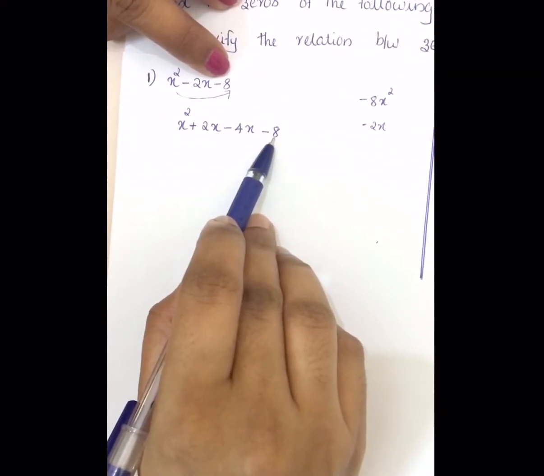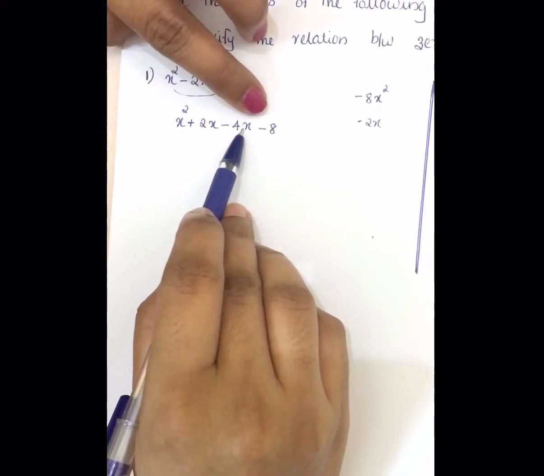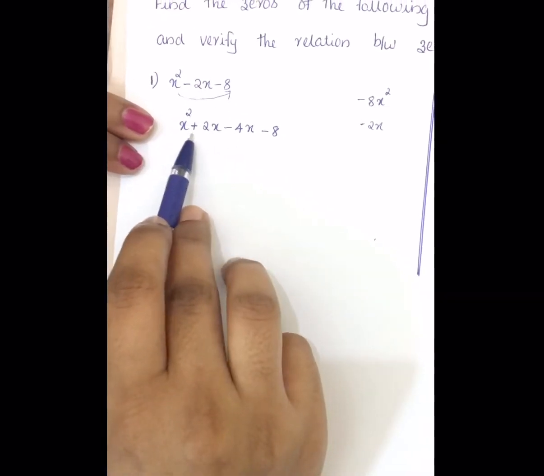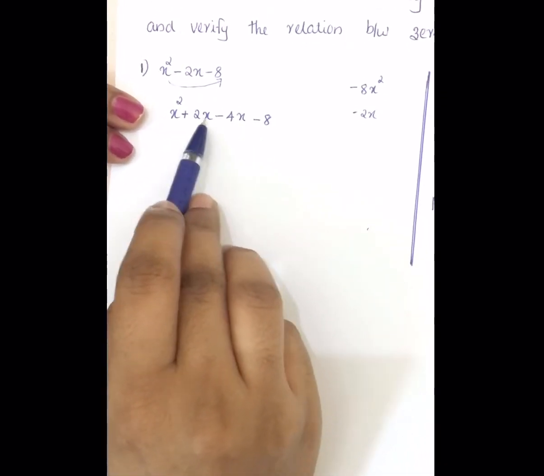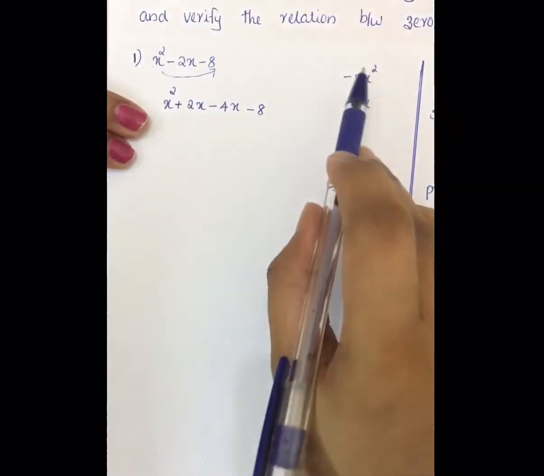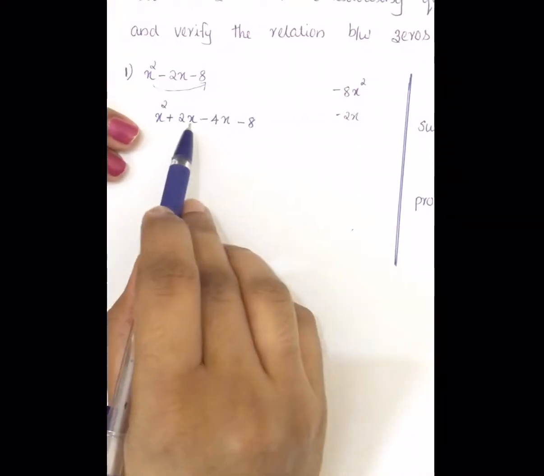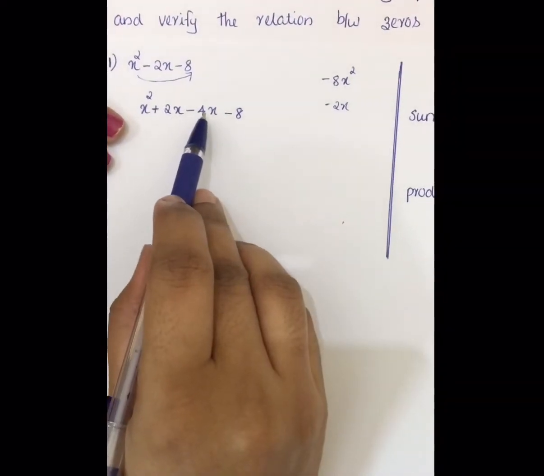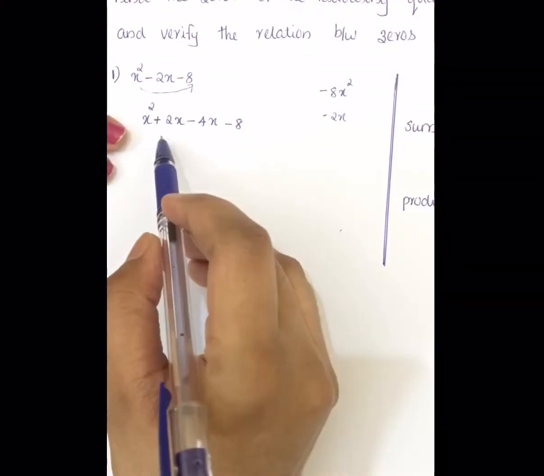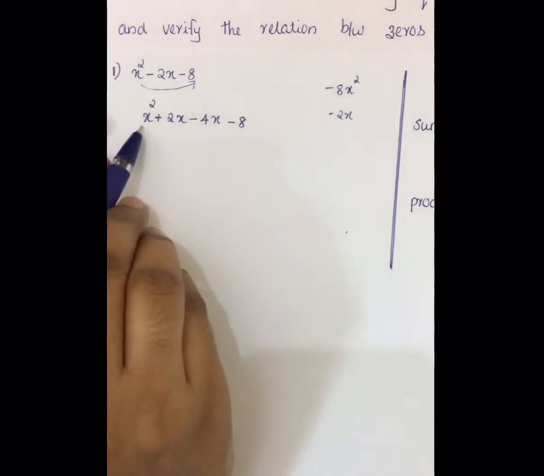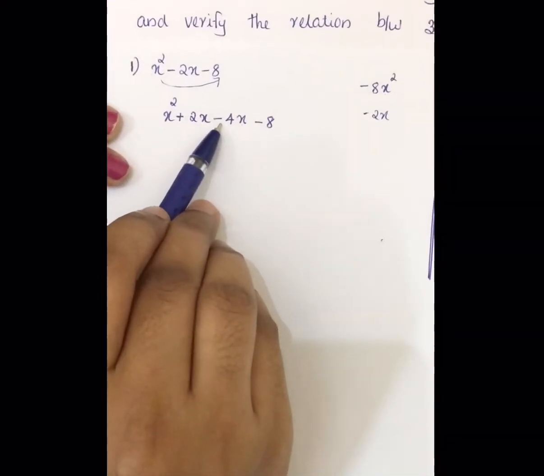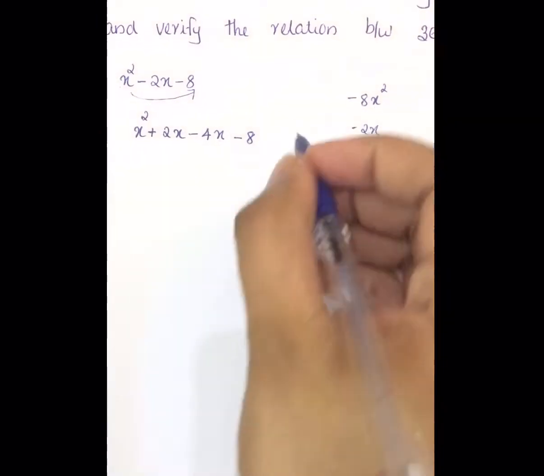Here 2x into minus 4x is minus 8x square, and 2x plus minus 4x is minus 2x. In this way you have to expand. So we get x square plus 2x minus 4x minus 8 equal to 0.